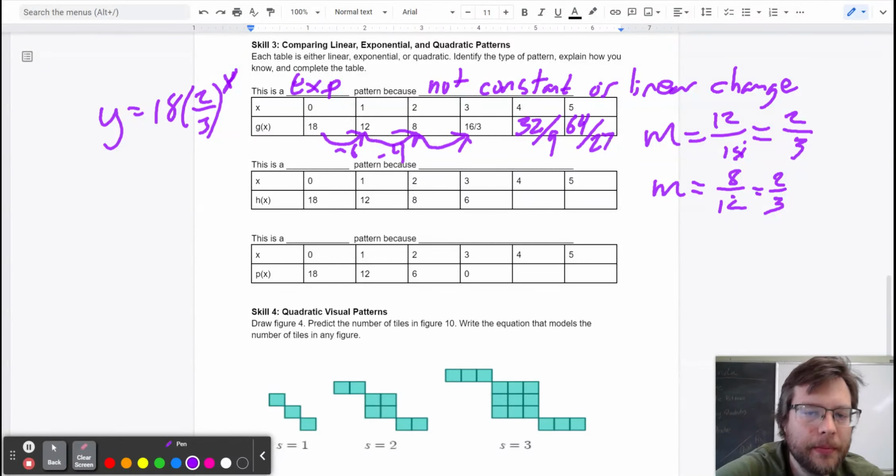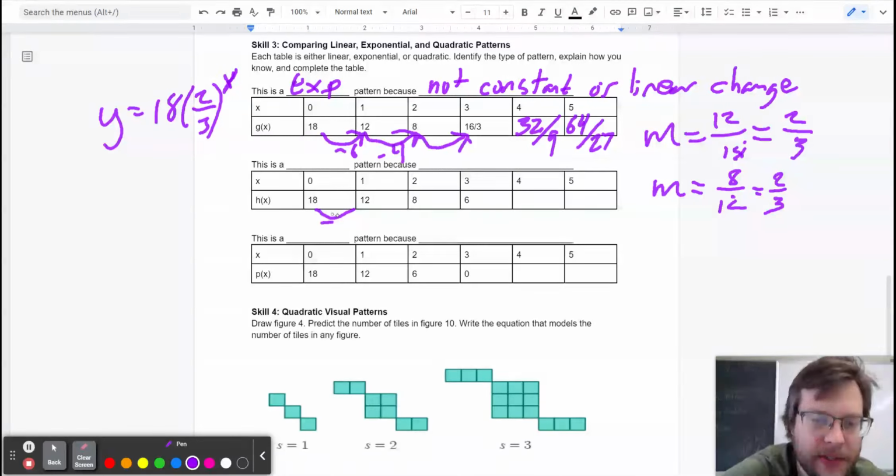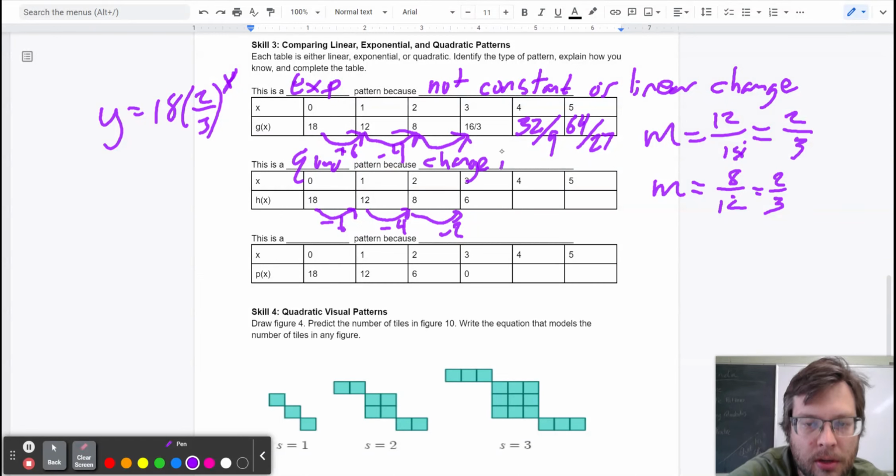Number 2, I see that we're going minus 6, minus 4, minus 2. I know it's quadratic because the change is linear. The next change is going to be minus 0. So that's going to stay at 6.